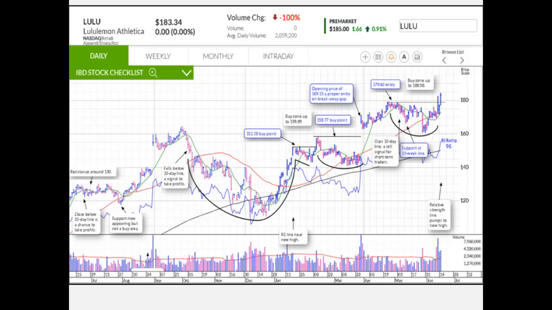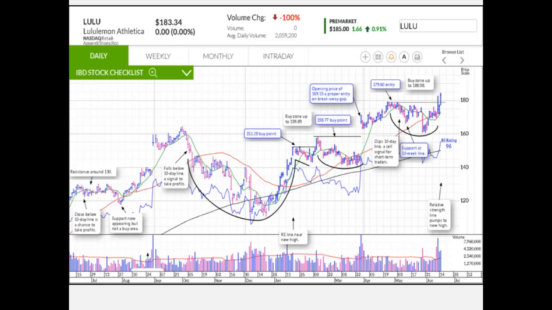Last one, Lulu. So Lululemon, this was interesting. This was actually on the watch list last week ahead of earnings. We were looking at it as a possible option trade, but we wanted to see how the stock was going to react on earnings.